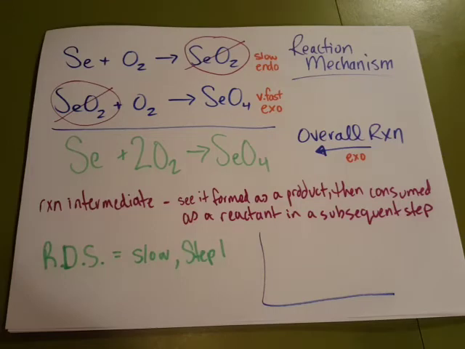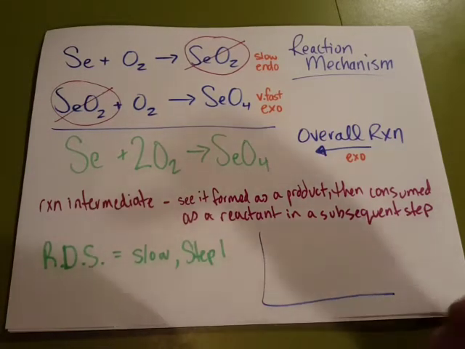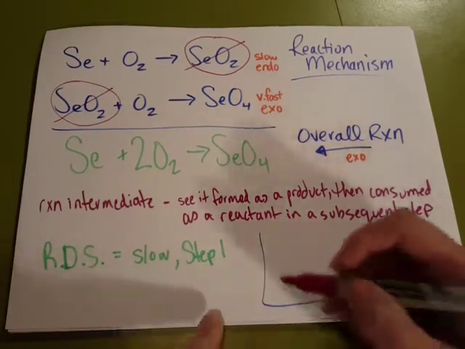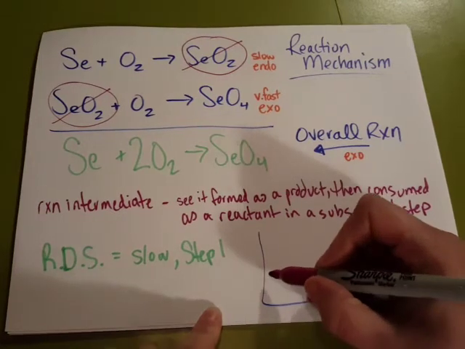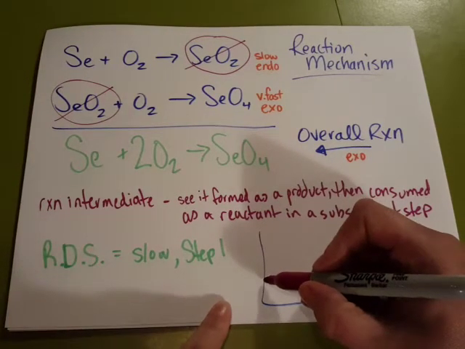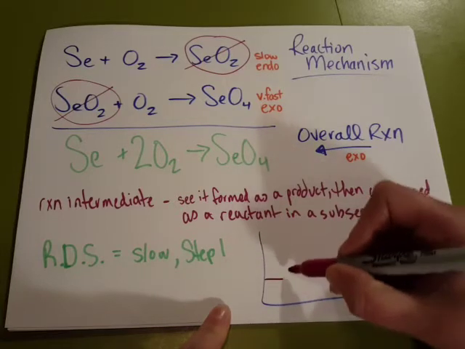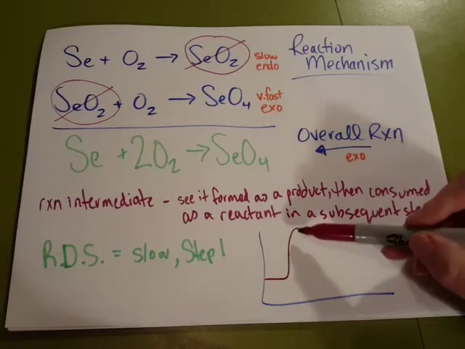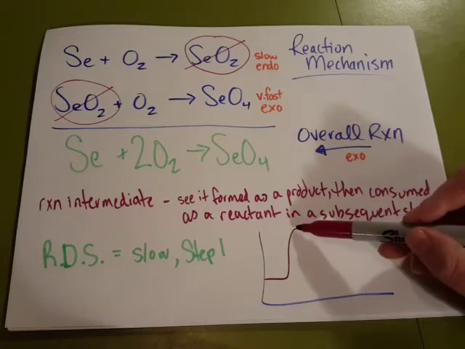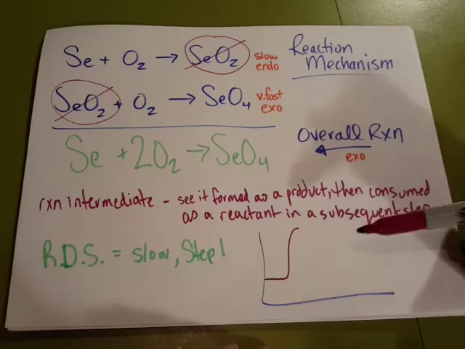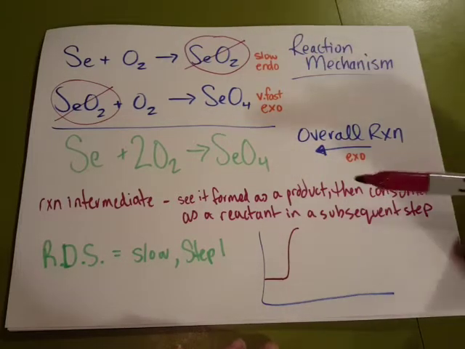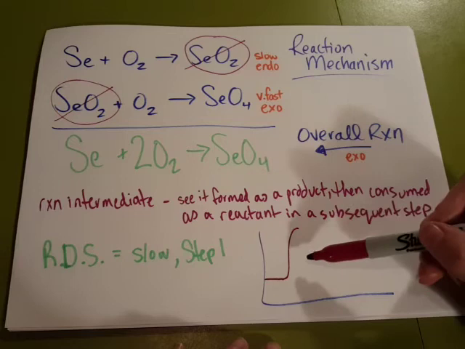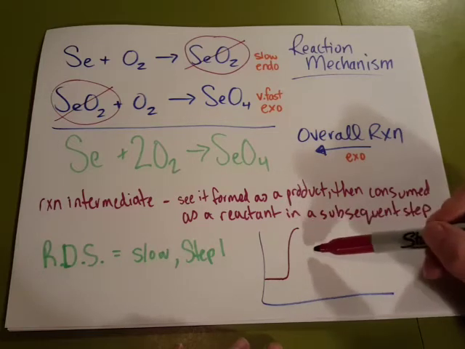First I'm going to be drawing out step 1, which is our slow step. Slow means that you would have a high amount of activation energy required. So I might draw a really big hill for slow, because that shows there's a large amount of activation energy required. Then endothermic tells me where I can put the bottom of my hill.